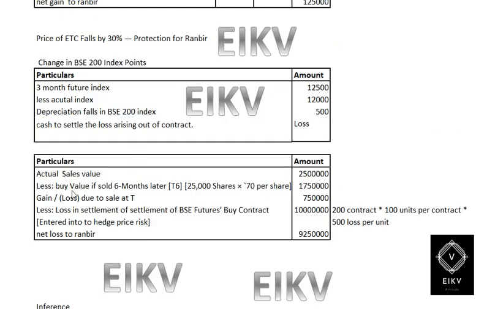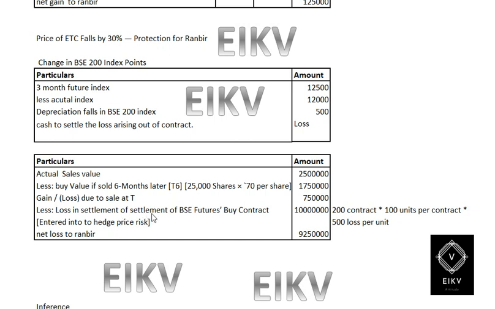So here it is the buy value, right? At first we will sell the security, and then after 6 months we will buy. So at the time of purchase, the rate would be 70 rupees per share. Therefore 25,000 into 70 will give you 17 lakh 50,000. So the sale price is 25 lakh. So 25 lakh minus 17 lakh 50,000 gives a profit of rupees 7 lakh 50,000.